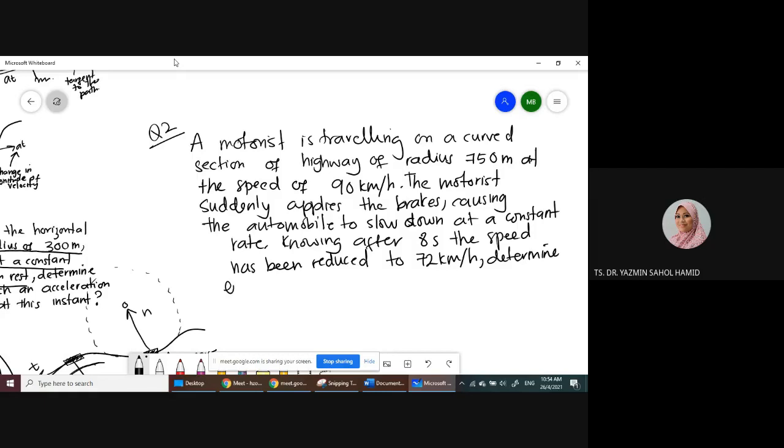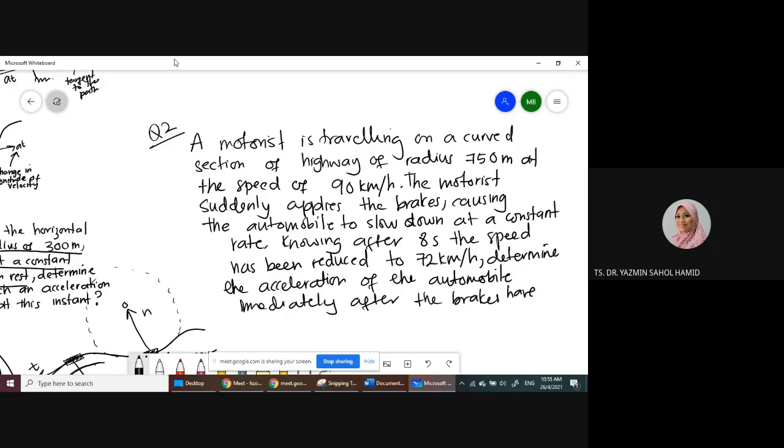Determine the acceleration of the automobile immediately after the brakes have been applied.